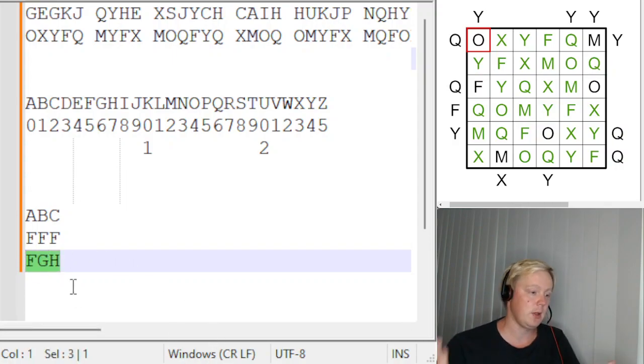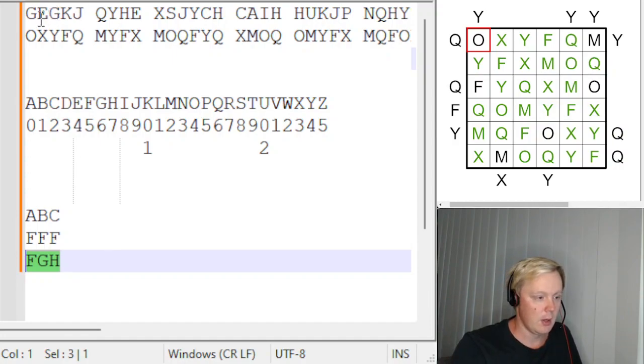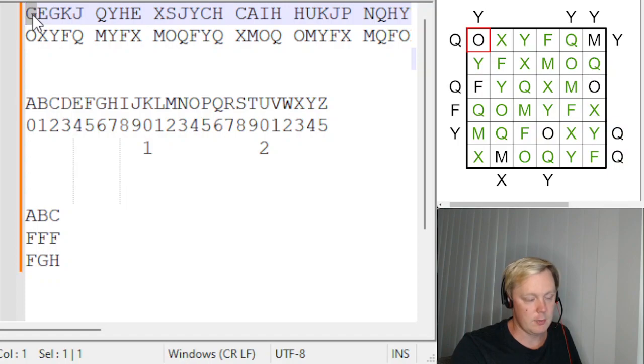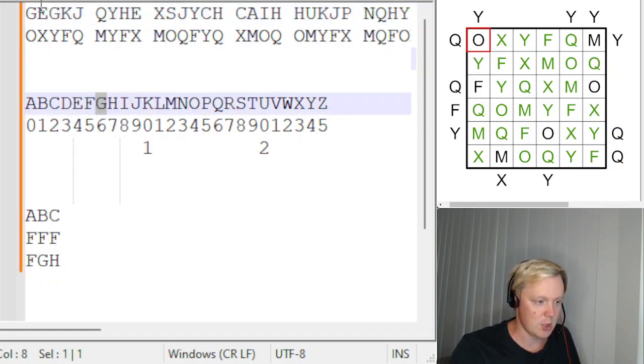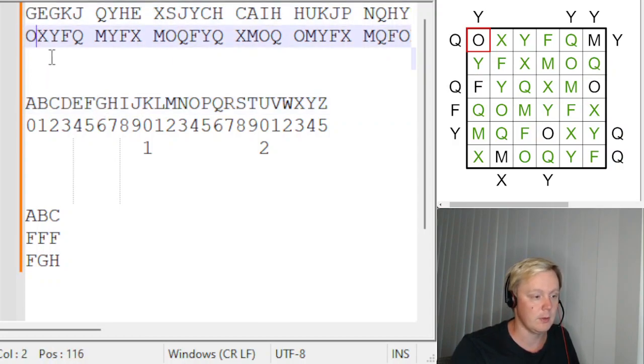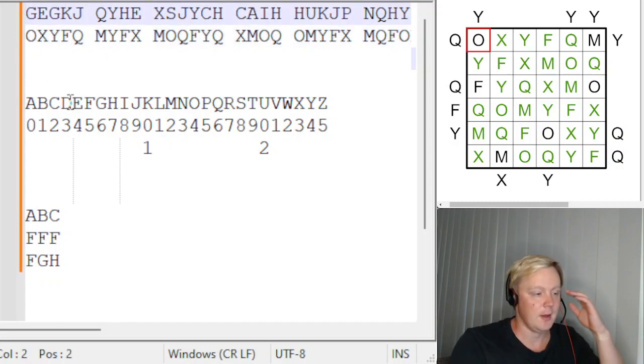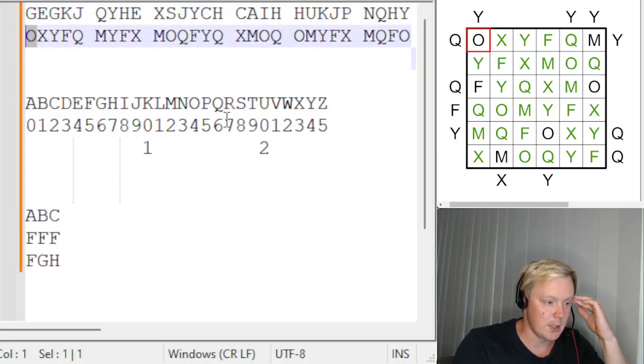Now to decrypt, you do the same thing, but in the other direction. So you have this encrypted letter, which is, let's say, G, which is 6. You deduct this number from it, so 14.